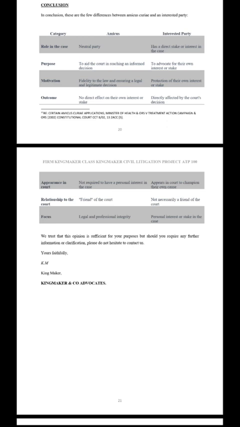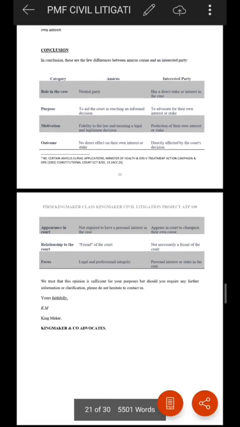I wrote the conclusion and finished. Then finally I wrote, we trust that this opinion is sufficient for your purposes, but should you require any further information or clarification, please do not hesitate to contact us. Yours faithfully, KM, Kingmaker and Co-Advocates. You can sign, okay, down here.